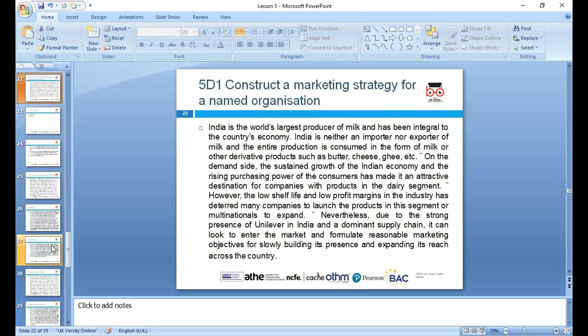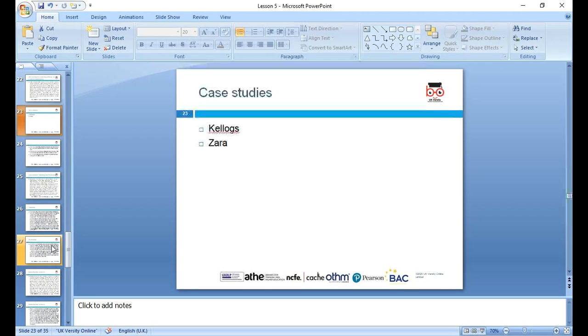That's why the supply chain is dominant. They enter the market and formulate reasonable marketing objectives. They use the name as well, Unilever India, to attract and look more. And I also copied the Kellogg example, when they launched various new products as well. So we'll look at those.